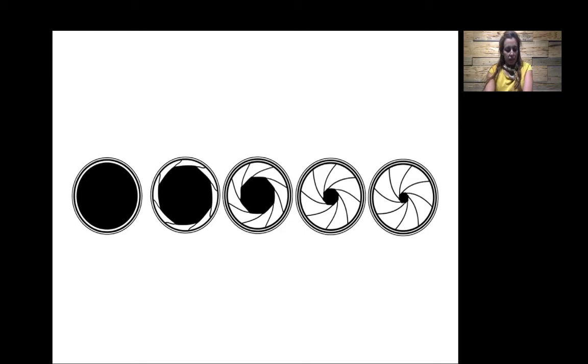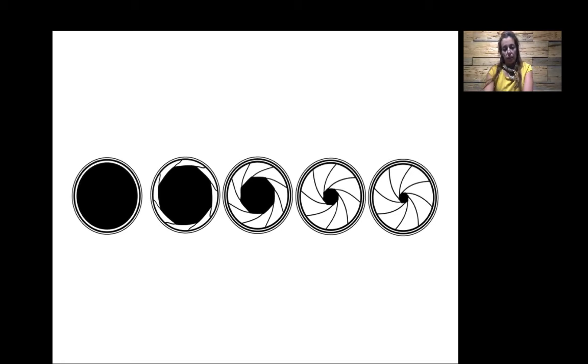Again, here's an example of what your aperture looks like depending on your settings. If you have your aperture or your f-stop on a very, very small number, it'll look like the very first illustration. Whereas if you have it on a larger number, it will look more like the right side of this illustration.